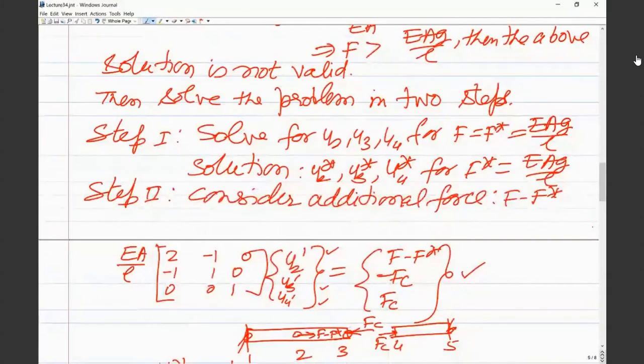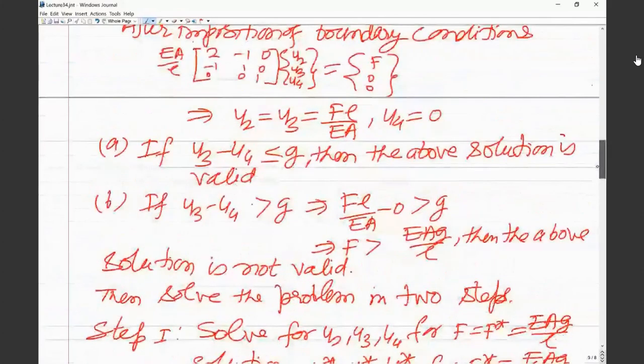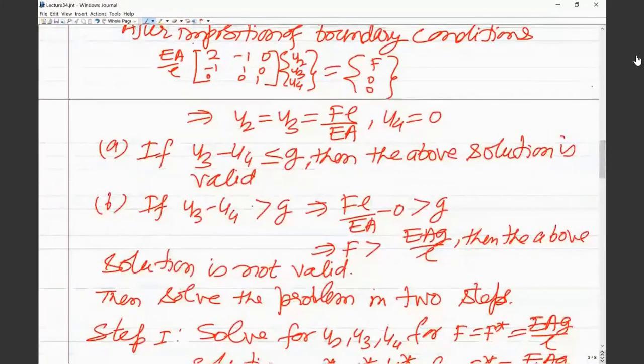In case A, if U3 minus U4 is less than G, that case I am saying. Means if the second case is not valid, then we will approach this method. If U3 minus U4 is greater than G, then there will be contact force.